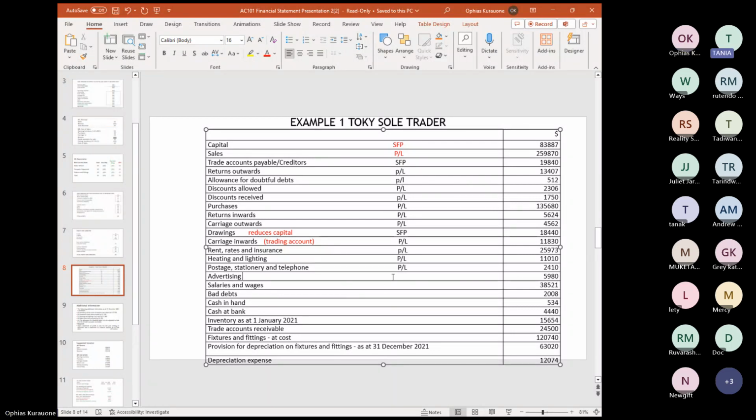Advertising: profit or loss. Salaries and wages: profit or loss. Bad debt: profit or loss.